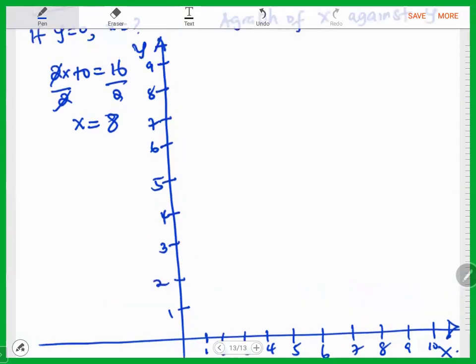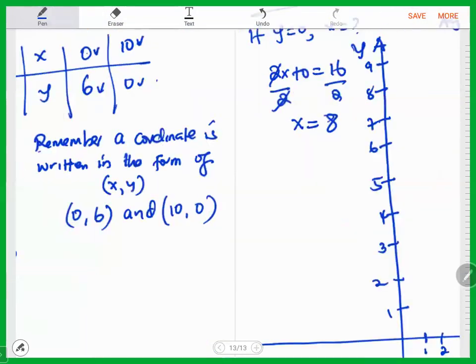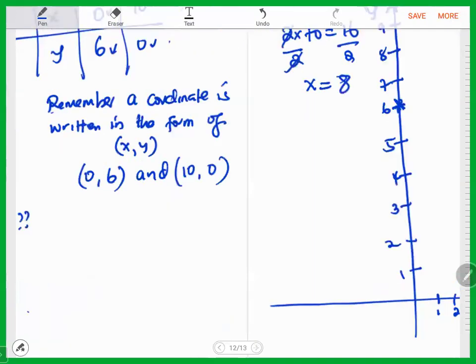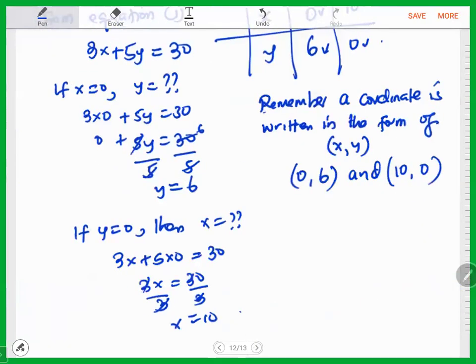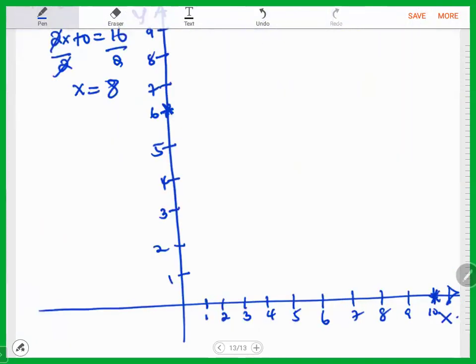So I'm going to plot my points. This is 0, 6. Don't move any places on the x-axis, but move 6 places on the y-axis. So it is this. The second point, move 10 positions on the x-axis, but don't move any position on the y-axis. That is a line which I'm going to join.